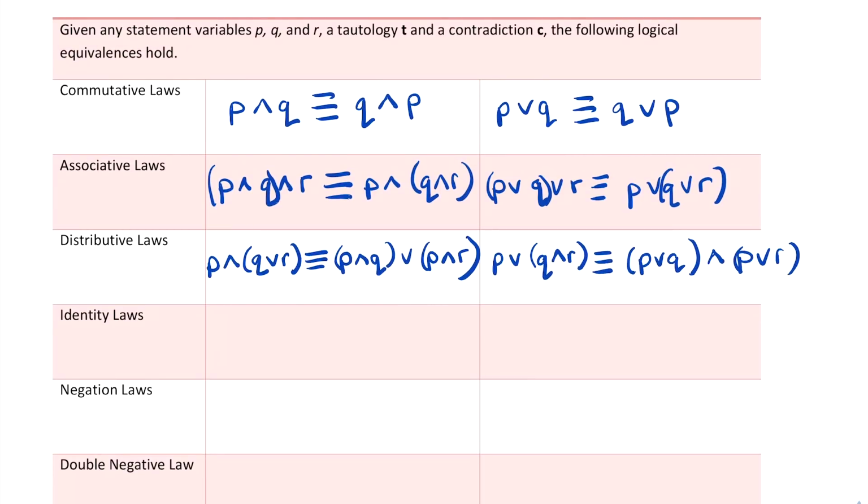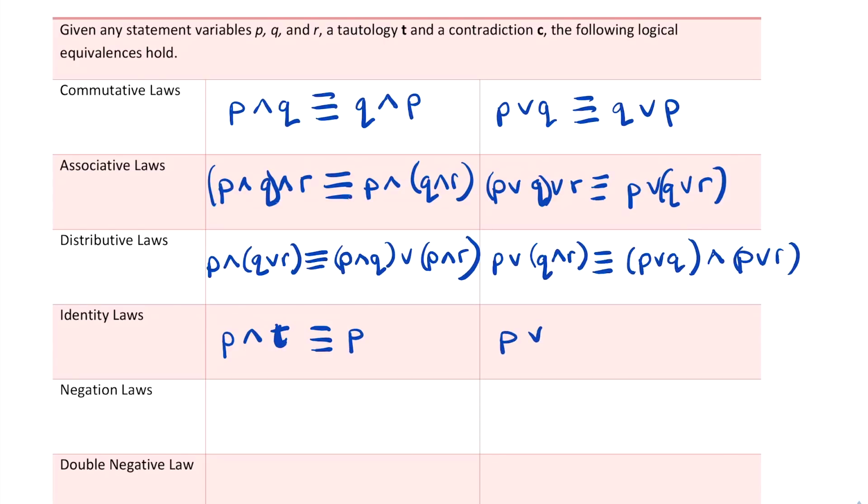So here you would use your tautology, right? That's like your identity element here. So the conjunction of P with a tautology is going to be P. We showed that one.